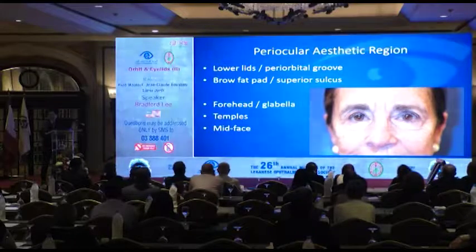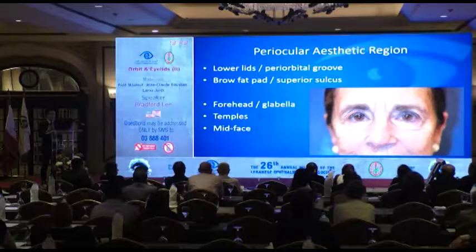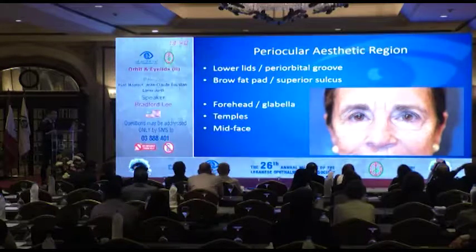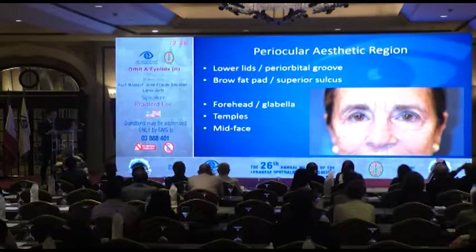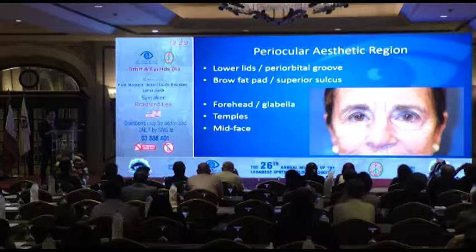When I assess the periocular region, I like to look at not only the eyelids, but the surrounding aesthetic unit. So if you look over here, let me just get the highlighter. Along the lower lids, you can see what we talked about previously, some periorbital grooves and hollowing.